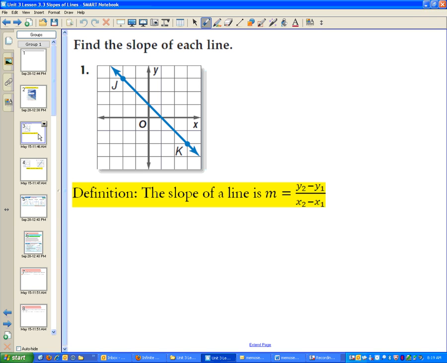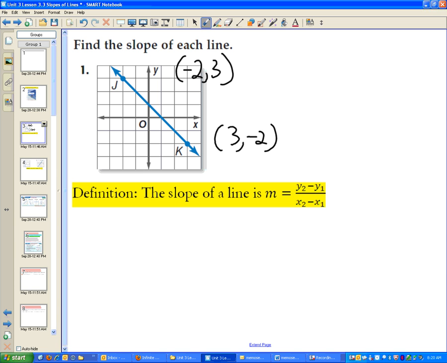Actually, we can also tell from the graph sometimes if it hits the intersections of the grids just right. But we're also going to freehand sketch our own graphs. So let's try to go by actually identifying coordinates of points, not just looking at the graph. What are the coordinates of point K? The x-coordinate is 3, the y-coordinate is -2. For J, the x-coordinate is -2, and the y-coordinate is 3.